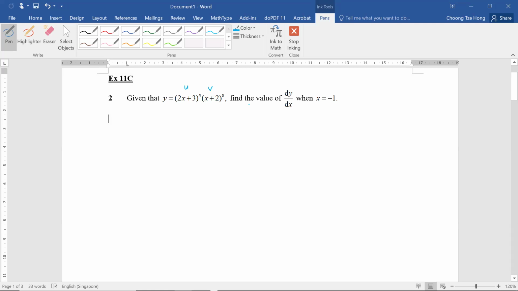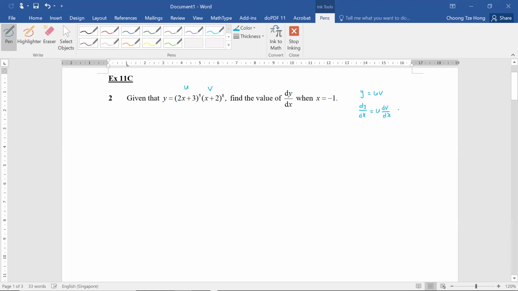If you recall how the product rule works: if y equals u times v, where u and v are functions of x, then for dy/dx, for the first half of the product rule, we will not differentiate u, and we will differentiate v.